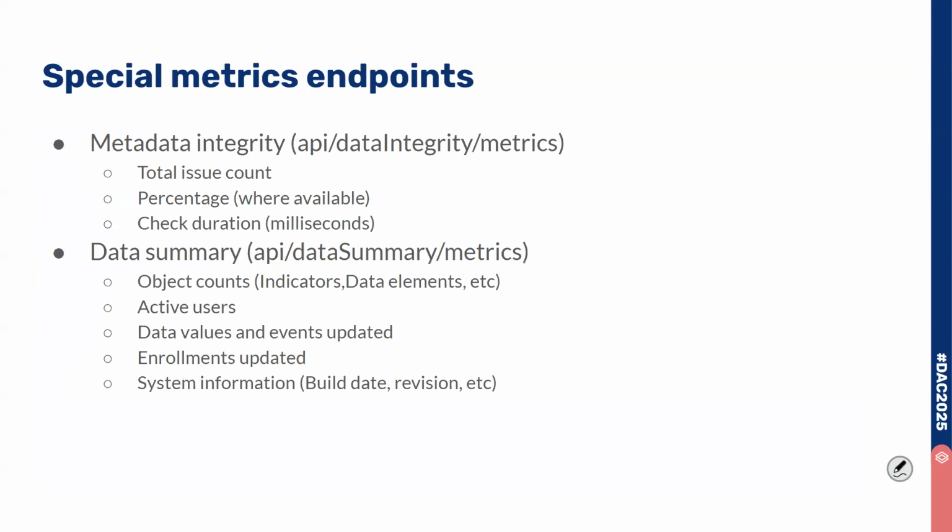I also wanted to mention two special metrics endpoints. Most of the metrics that we've talked about are related to the performance of the system. CPU usage, disk usage, those are typically metrics that you would collect maybe once every 15 seconds, once every 30 seconds, once every minute, relatively quickly, because you want to get basically a time series.